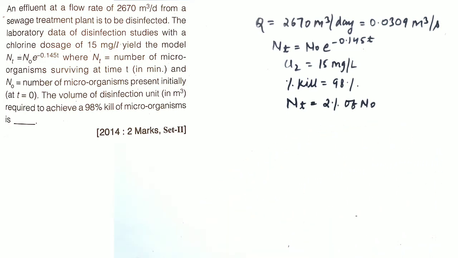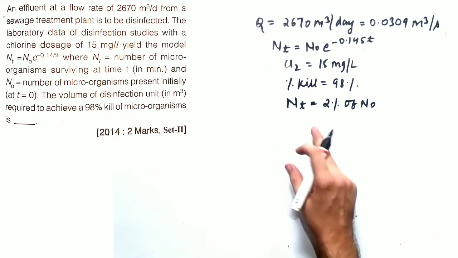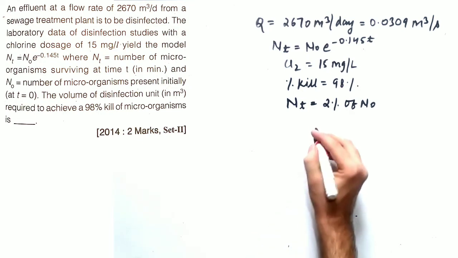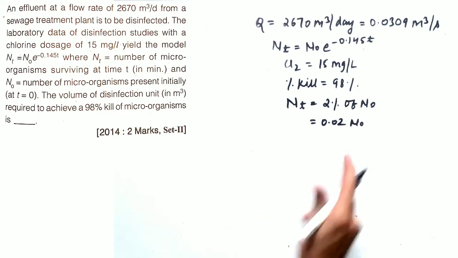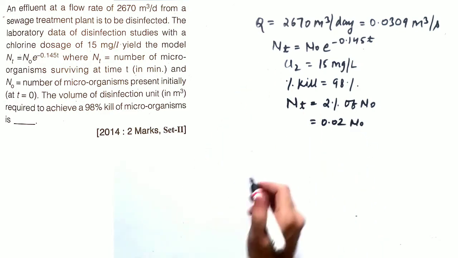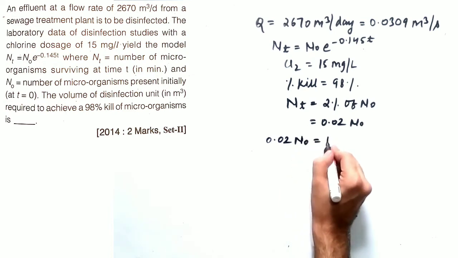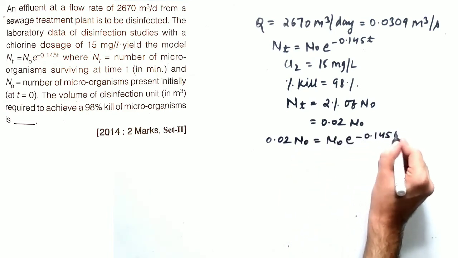So N_t, that means the microorganisms that survive at the end of the operation, is only 2%, and 98% are killed. So this can be written as 0.02 times N_0. Replace this value of N_t in this model. So this will be 0.02 N_0 equals N_0 e to the power minus 0.145 t.